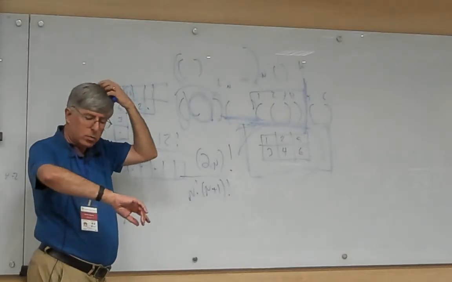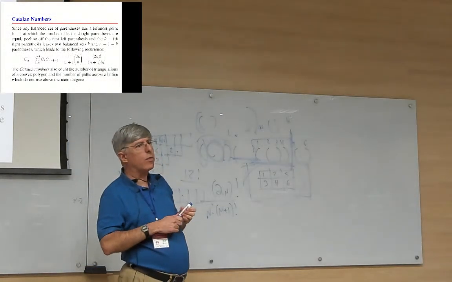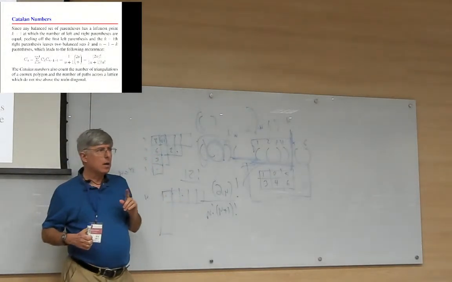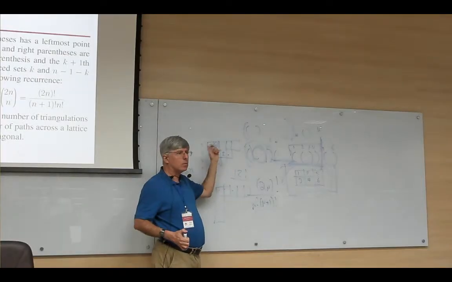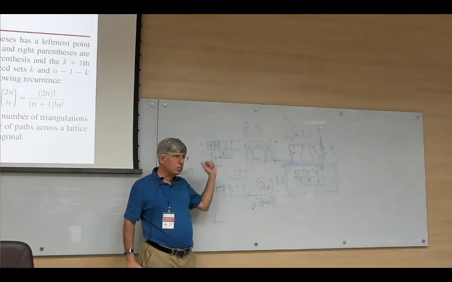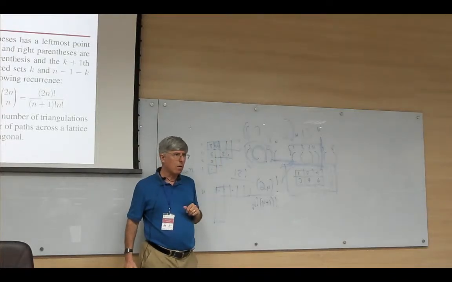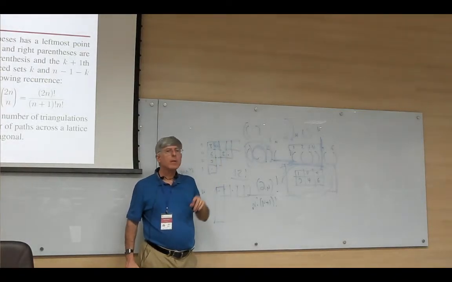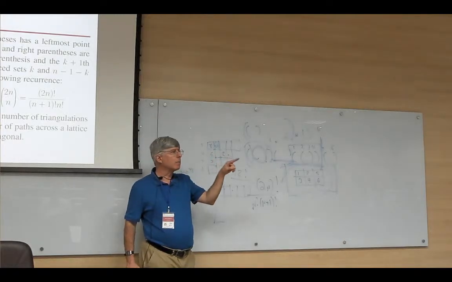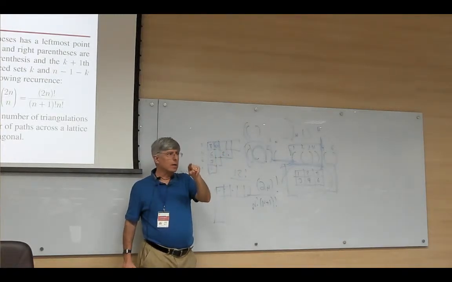So I will send you into lunch with the thoughts of Young tableaux. You know how to count them now. This formula comes in handy because it's really powerful. It counts a lot of weird things. And not everybody knows about it. Any questions about Young tableaux or anything like this?